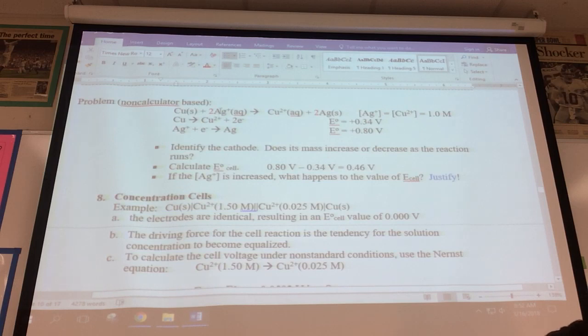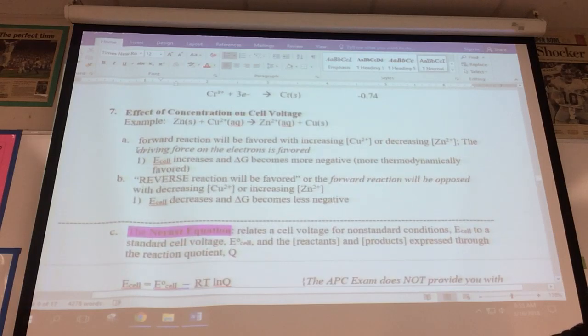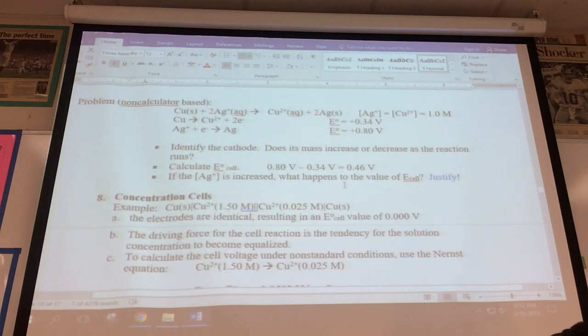If silver concentration is increased, the value of Ecell under non-standard conditions will increase because the forward reaction is favored, and this is the phrase you're looking for. The driving force on the electrons is favored. In a multiple choice situation, when you favor the forward reaction, Ecell increases.